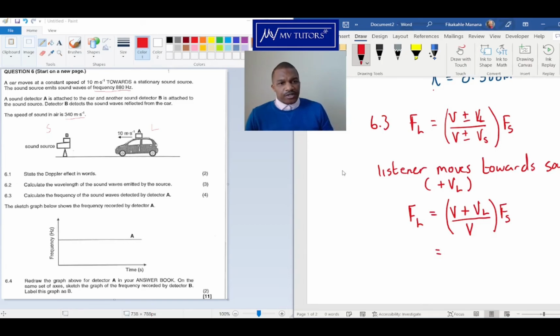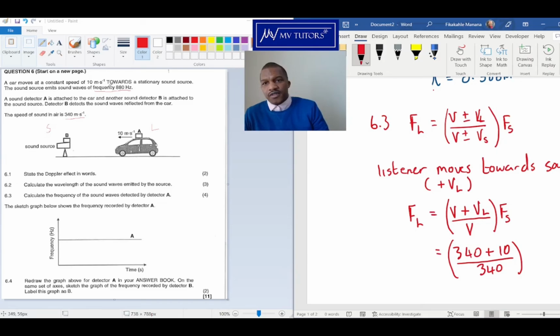Okay, let's put in numbers. That one there is 340 plus the velocity of the listener, which here we are told is 10 meters per second, and then this one is still 340. All of this must be multiplied by the frequency of the sound source, which we are told is 880. Then all we have to do is put this in a calculator.